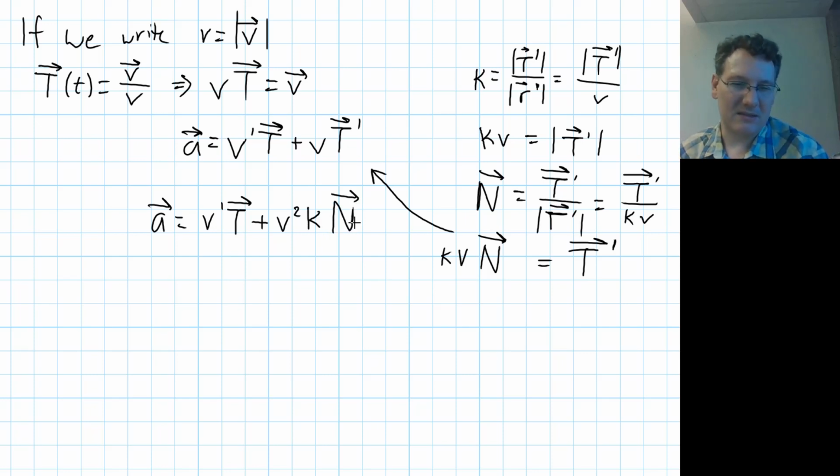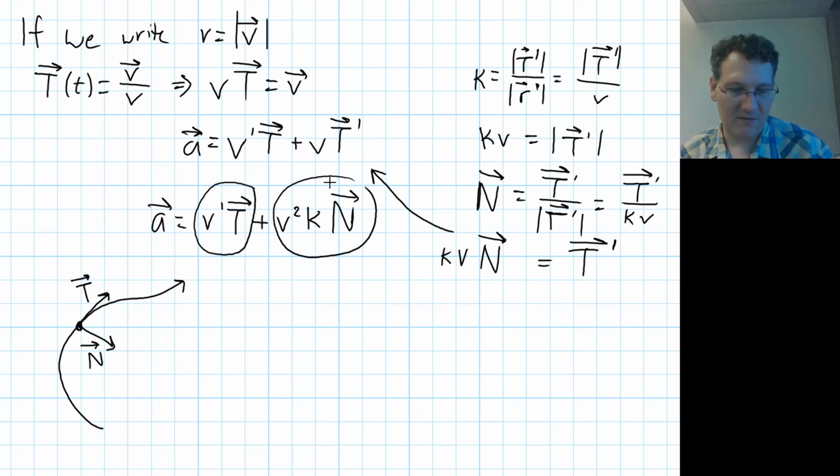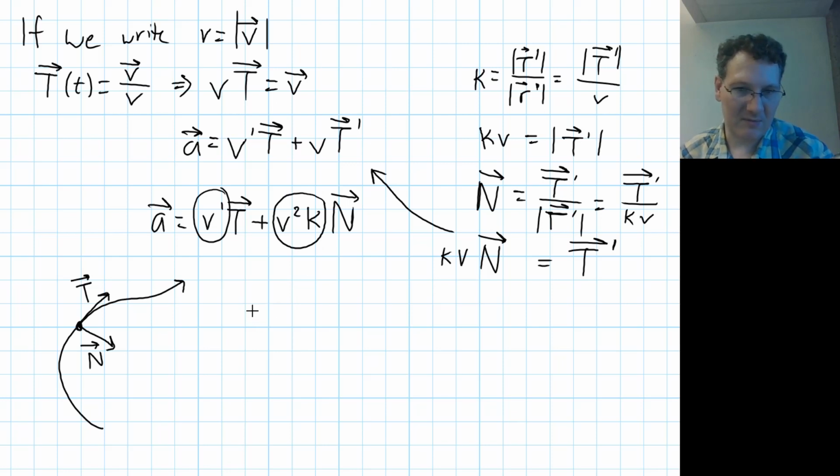The reason that this is useful is that as this particle is moving along, remember we have the tangent vector and we have the normal vector. What we get is a tangential component and a normal component of the acceleration. The tangential component is the first derivative of speed. The normal component is the speed squared times the curvature.